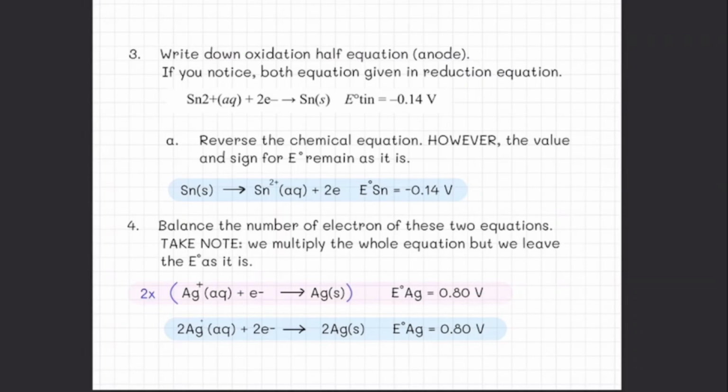And then step number 4. Balance the number of electrons of these two equations. Take note again, we multiply the whole equation, but we leave the E naught as it is.